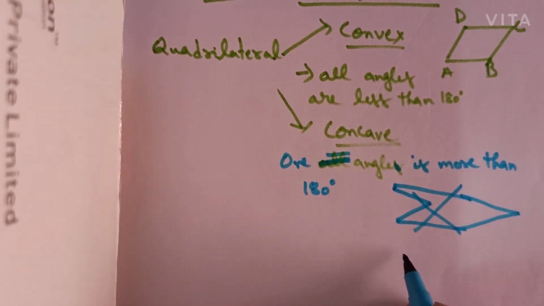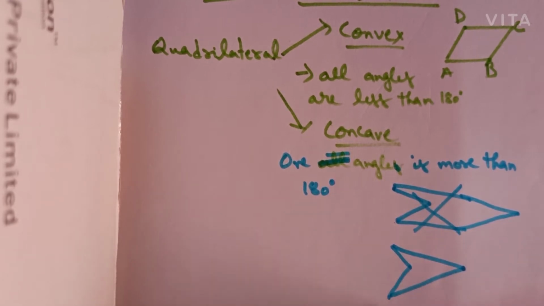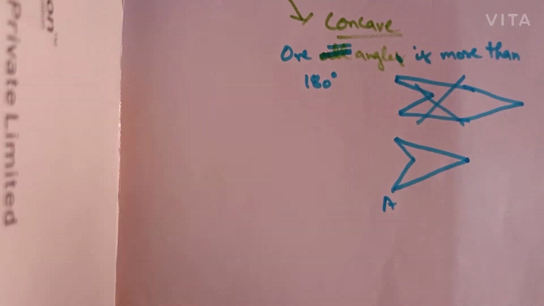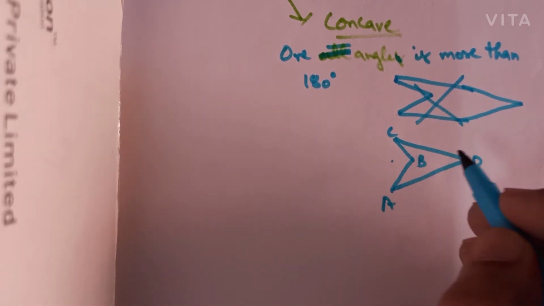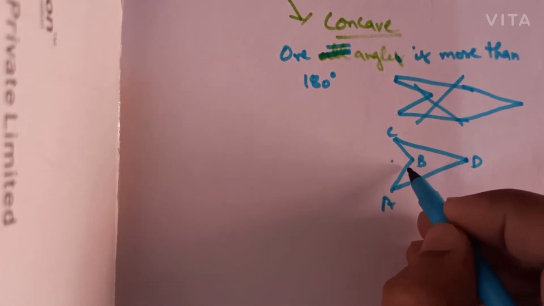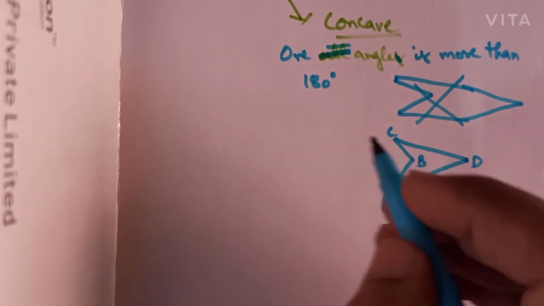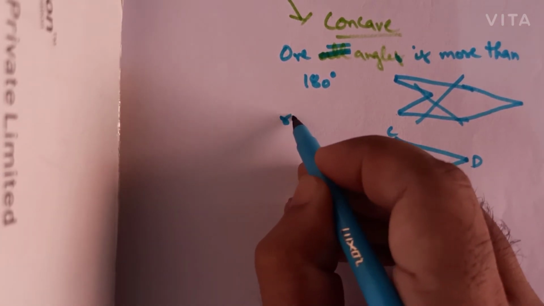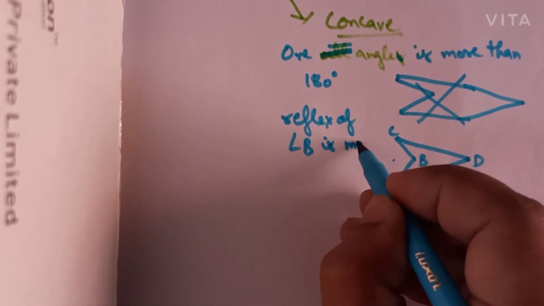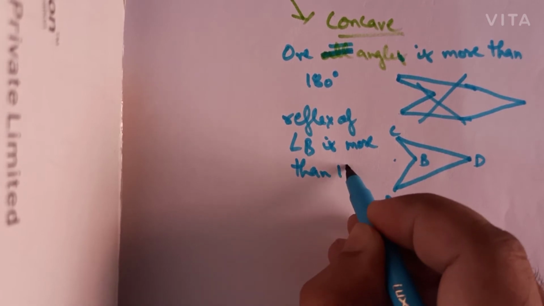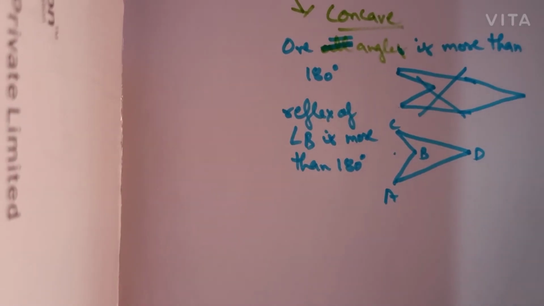Sorry, this is a little wrong. This is more proper: A, B, C, D. In this you can see that the reflex of angle B is more than 180 degrees. Therefore, this is called a concave quadrilateral.